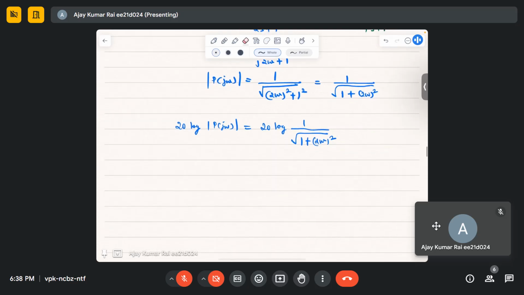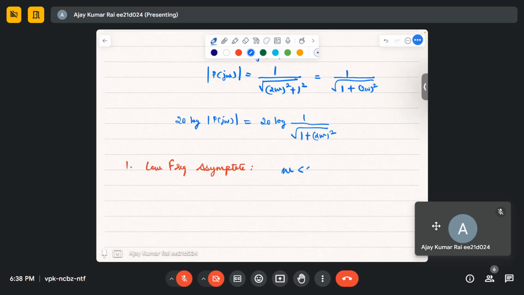Okay, so let me first find the low frequency asymptote. In the low frequency asymptote, omega is very low, it has very little value, typically less than 2, like 1 by 2.